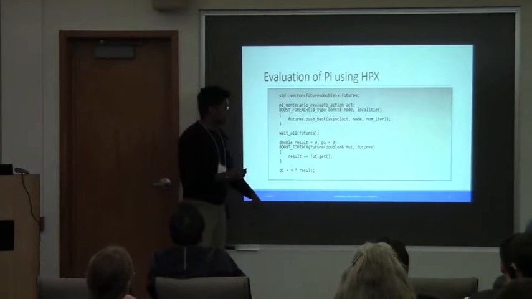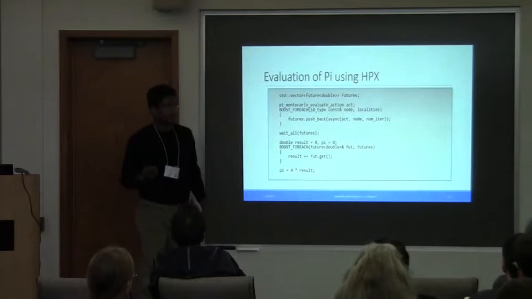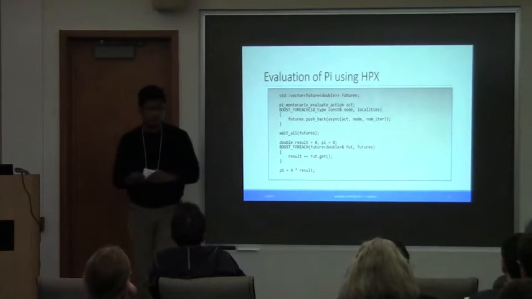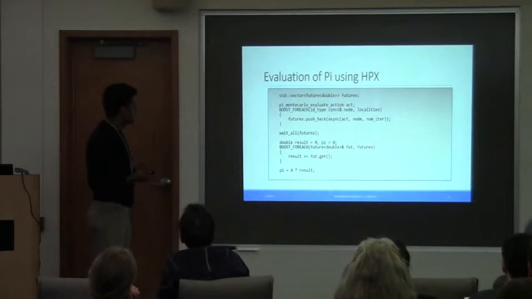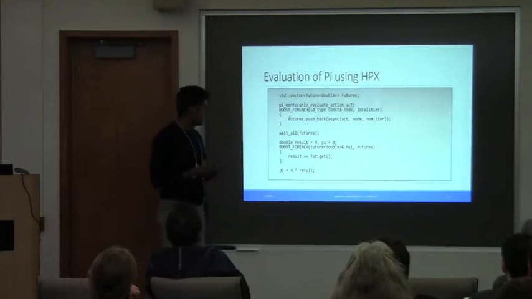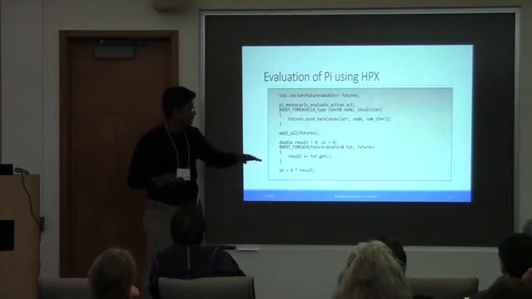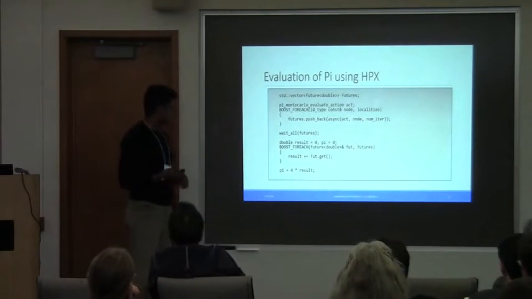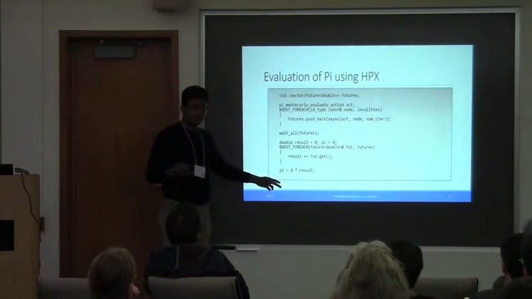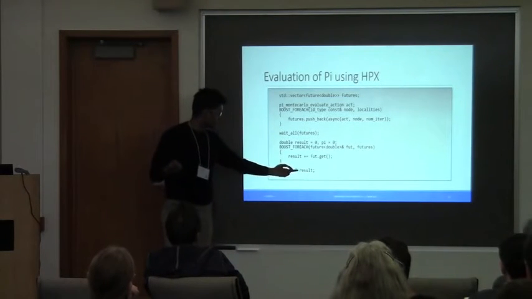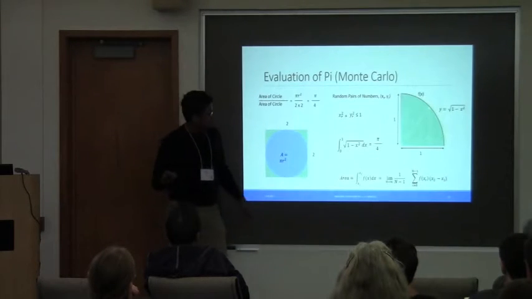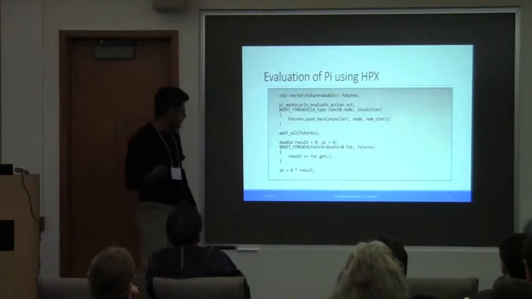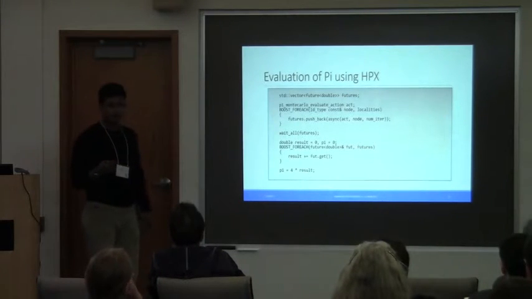After knowing the localities we have, I just invoke asynchronous actions for each of the localities. Then I call wait for all on the futures, which ensures all the actions have been completed, and I assimilate all the values. That will give me the area of that quadrant, and I multiply it by 4. That will give me the value of pi.